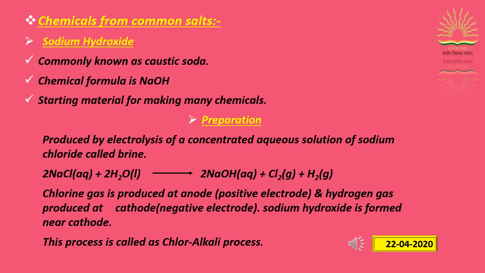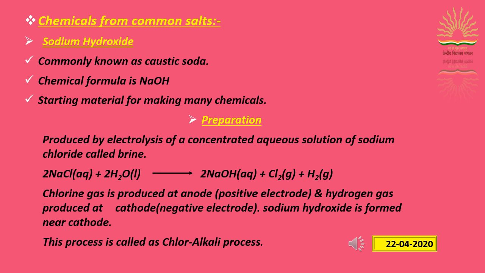It is produced by electrolysis of a concentrated aqueous solution of NaCl, and the aqueous solution of sodium chloride is called brine. This means sodium chloride when dissolved in water, we will call it brine. Let's see the equation.